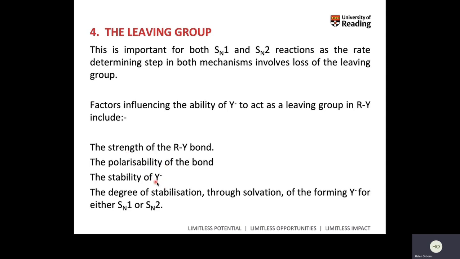Is it stable as an anion? And we can also think about how we might be able to stabilize the anion through solvation. So all of these would help us to make the leaving group a very good leaving group. And if you make that leaving group a very good leaving group, it means we will encourage both the SN1 and the SN2 reaction to occur, because both of those see loss of leaving group in the rate determining step.